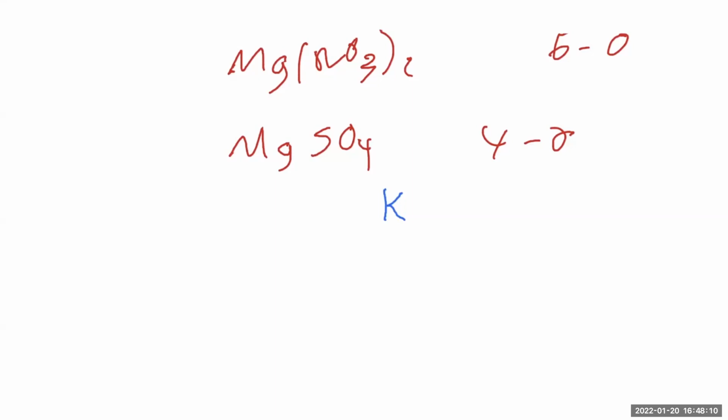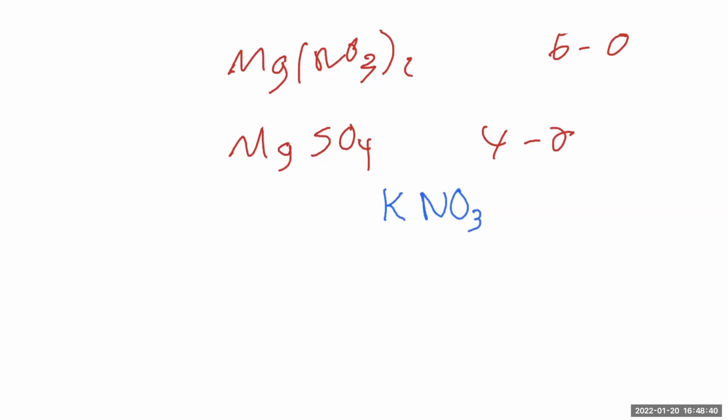It's a metal. Metals are always positive. Oh yes, plus 1. Perfect. And then nitrate is NO3. Yep. And what's the charge on nitrate? Minus 1. So plus 1, minus 1, we're good.